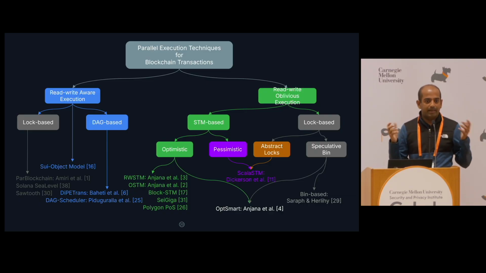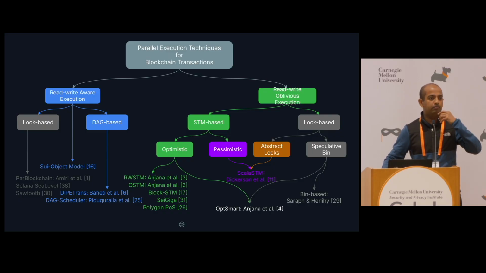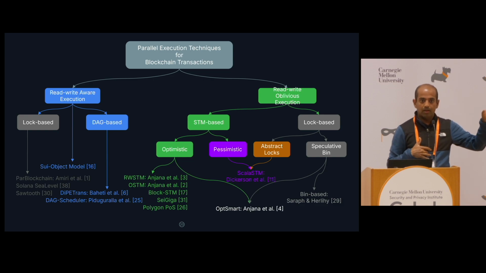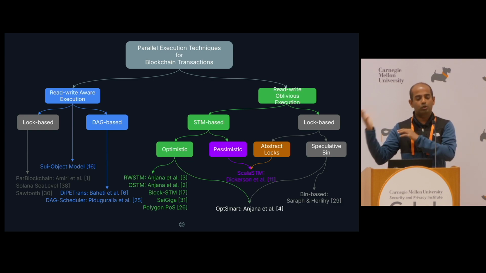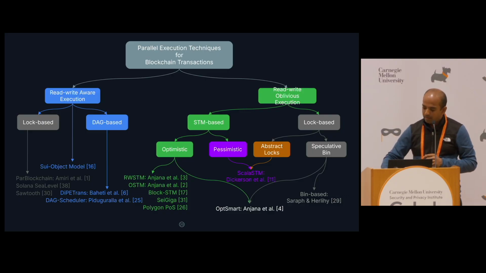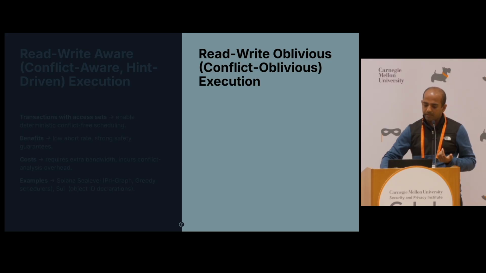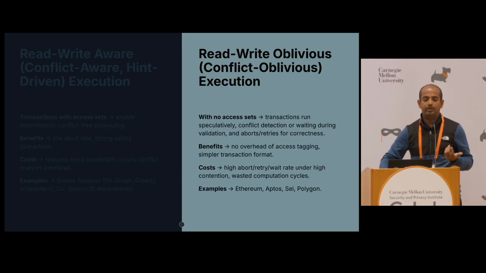How do you get those dependencies? Well, that's an open question, and there are several algorithmic models at play here. But for those of you who are familiar with the smart contract ecosystem, Solana is an example of a virtual machine sitting in the read-write aware model, whereas the Aptos Move virtual machine is more in the read-write oblivious model. And one interesting question that we decided to ask was: is there a world between the two?